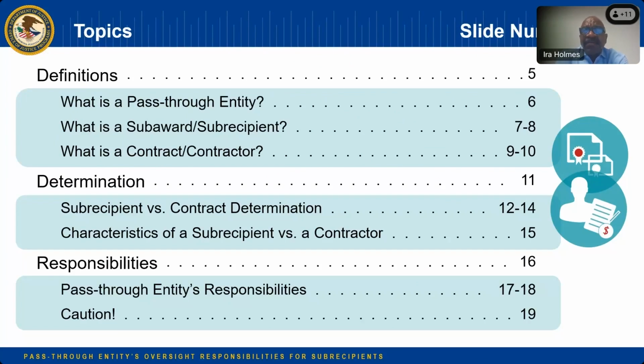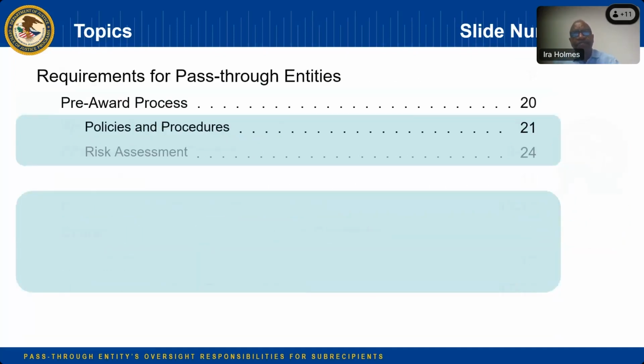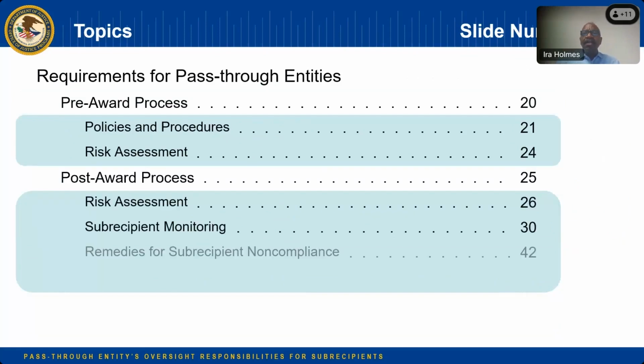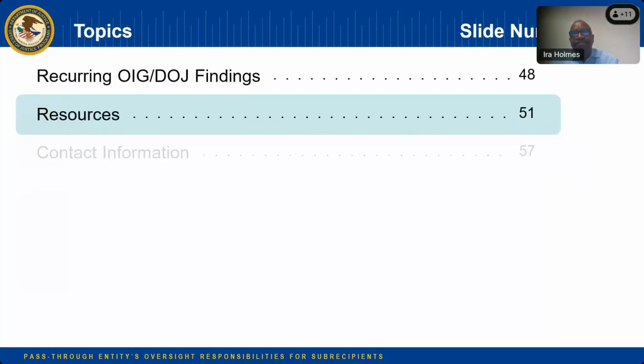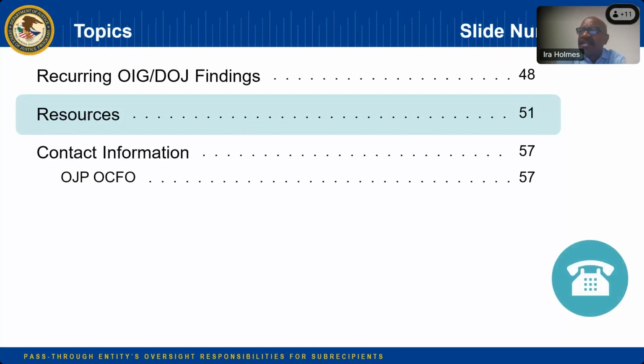And then your responsibilities for your subrecipient. Then we're going to talk about the pre-award process and the post-award process. And finally, this training came about from OIG findings, so I'm going to go over a few of the findings that the OIG made and the reason that we are here today.